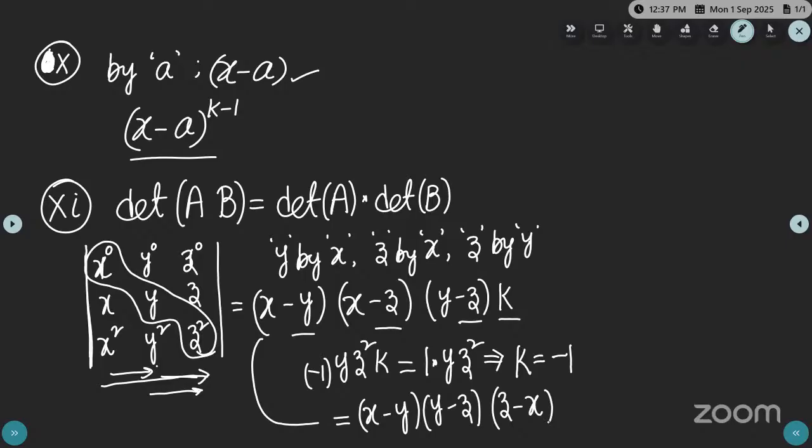Write it. I haven't applied anything else. Just by replacing, because the first column elements are functions of x, second column elements are functions of y, third column elements are functions of z, just by applying the factorization theorem, you are able to get this.